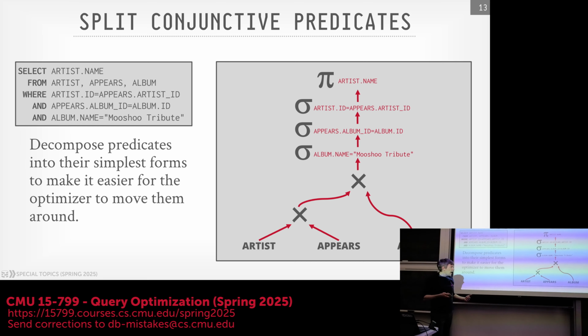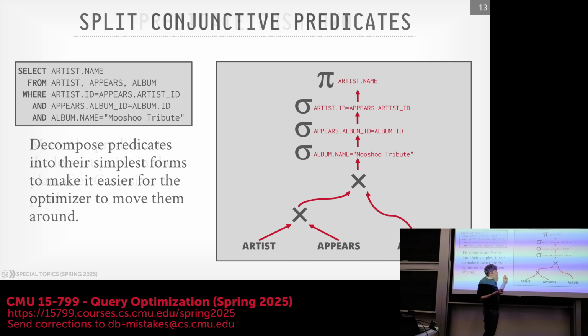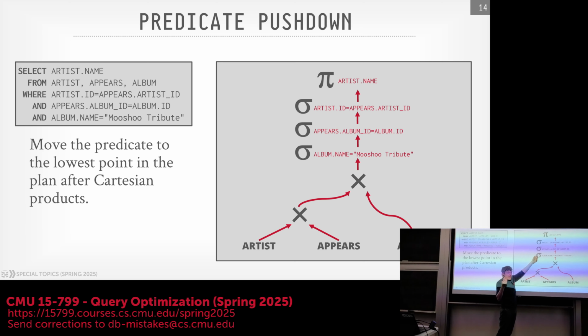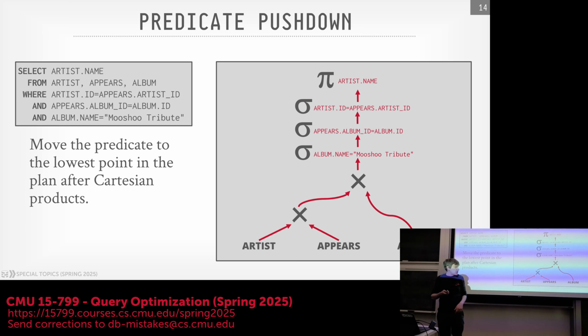So now that I have these individual filters or individual predicates, I know I want to do predicate pushdown. I can then apply transformation rules where if I recognize that I have a filter clause that's referencing just one attribute, like attribute.name equals something, then I want to push that predicate down to be right above wherever the scan is for that relation, right?